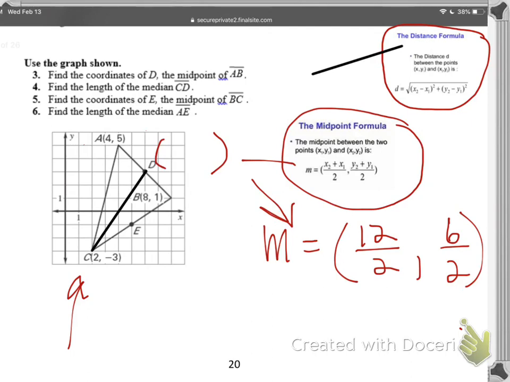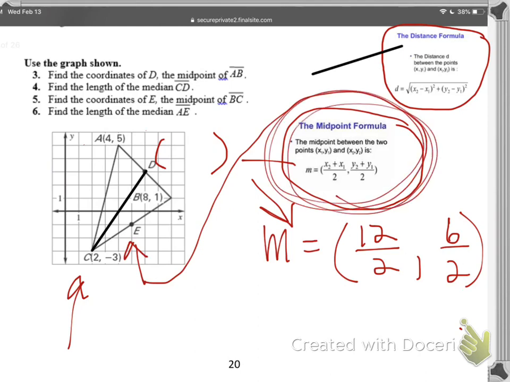Okay, for question 5, they ask us for the coordinates of E, which they're saying is the midpoint. So here's E right here. You need a midpoint. You are going to use the midpoint formula. Get coordinate pairs, because the very next question they ask you for the length of the median, and to get the length of the median you're going to use the distance formula. So again, let me try to put this in.